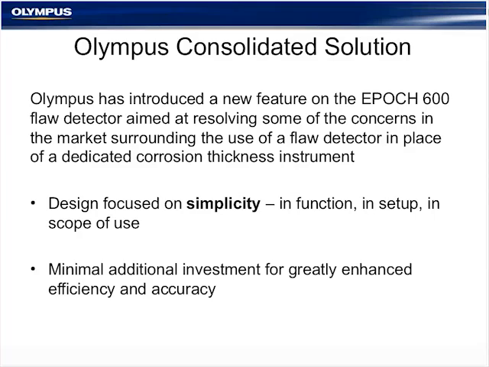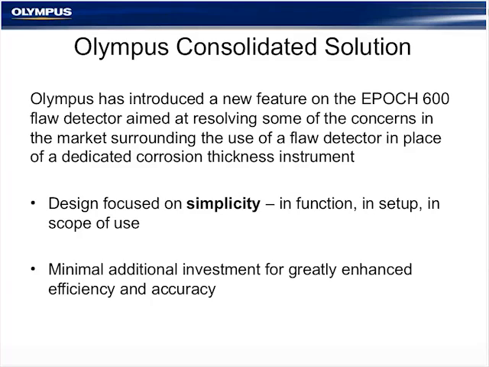The flaw detector purchase itself helps with the equipment investment because it's a single platform, a single instrument that will attack both flaw detection and corrosion applications. And then this software feature added on is another small investment, just a software addition to the instrument that allows this simplified approach towards corrosion.